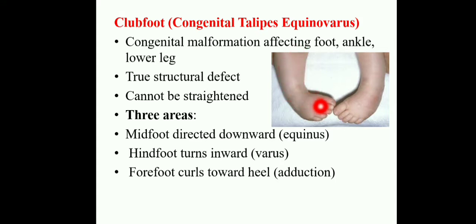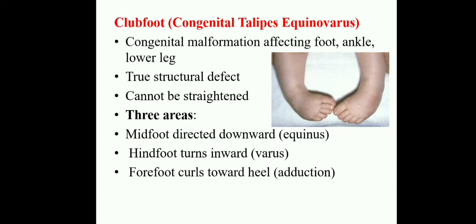It is a congenital malformation affecting the foot, ankle, and lower leg. Look here, it turns inward. The tissue has true structural defects, so it cannot be straightened. Metatarsus adductus we can straighten, but here it cannot be straightened.